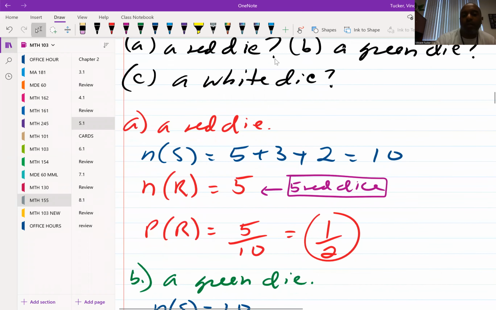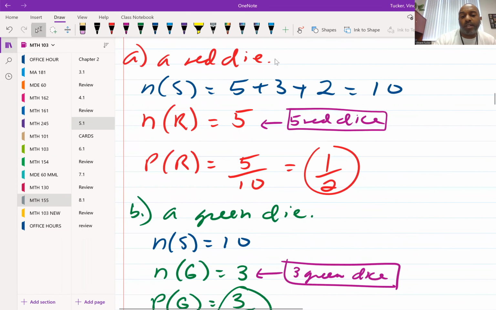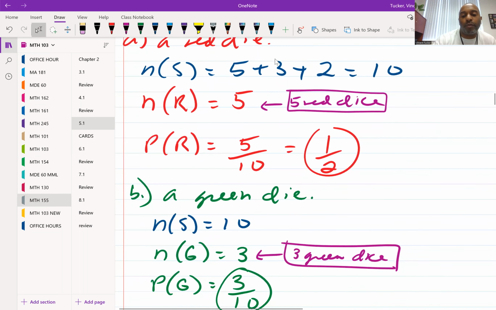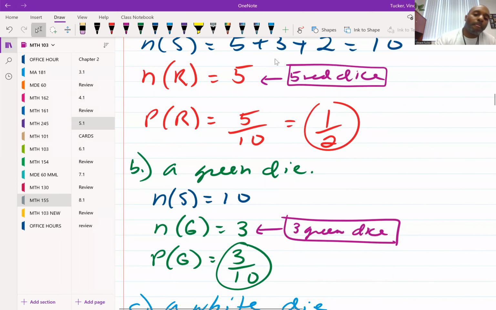All right, do the same thing for green. Once again, our sample space is 10. That doesn't change, but there are 3 green dice. That's 3 over 10, and that'll be the probability of getting a green die.